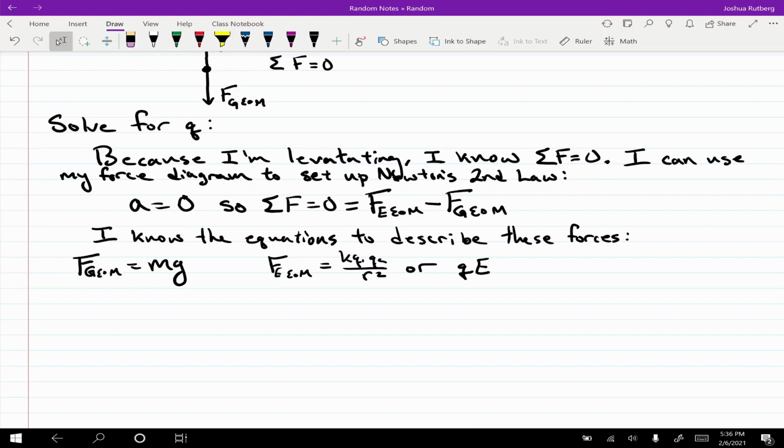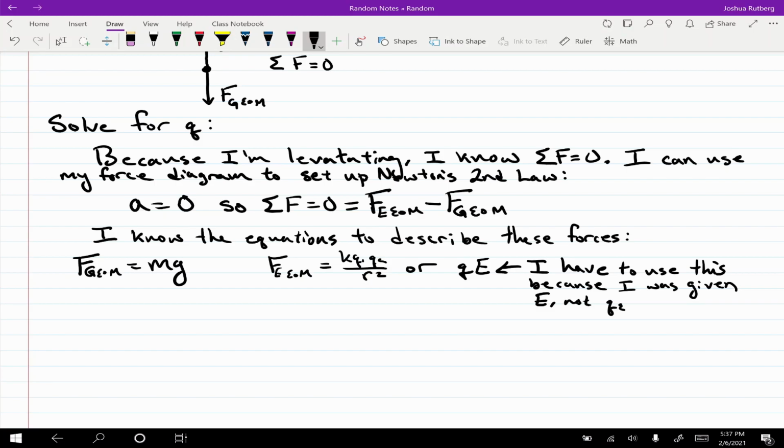So which of these two is appropriate to this problem? I know this is the one I have to use because I'm not given the charge on Earth. So even if I could treat everything like point charges, I don't have enough information to use that. So I have to use this, because I was given E, not the charge on the Earth.